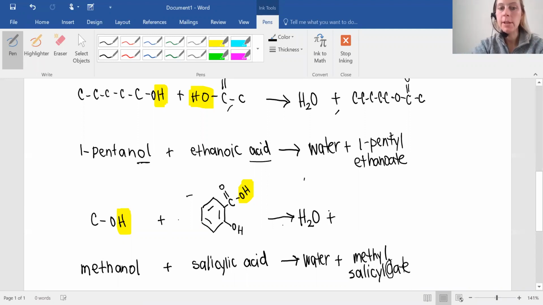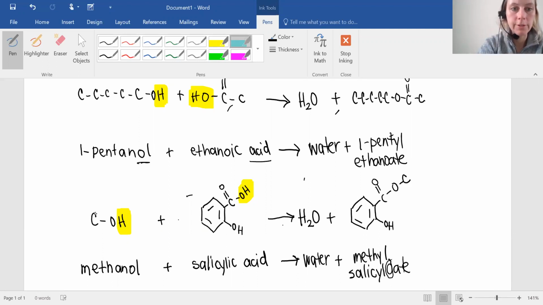So let's now make the product, our ester. Make my bonds. The second carbon has that OH, it's not affected. Double bonded oxygen, and then we have the oxygen here. Since we kept with that trend of highlighting, I'm going to just highlight that so we know where it went.